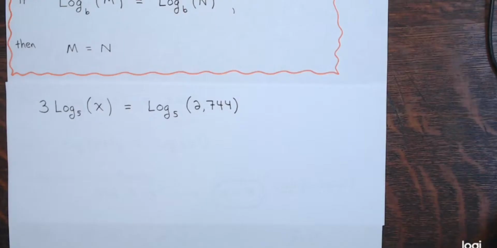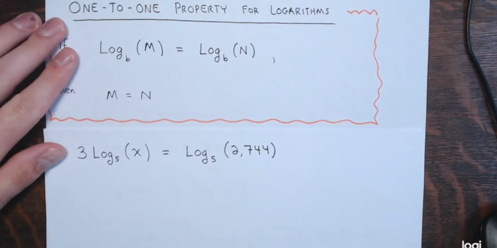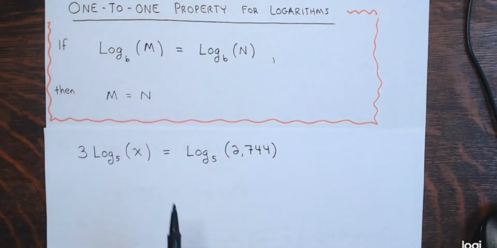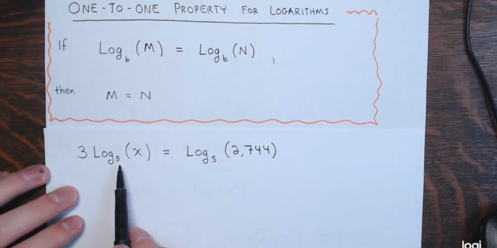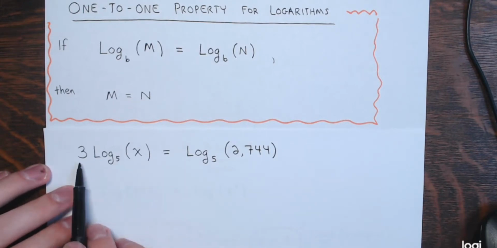So pulling this up on paper here, once again, here is the one-to-one property for logarithms. And just like the last question, yes, both sides have a logarithm, but this left side has another factor that's not a log. There's this times 3.